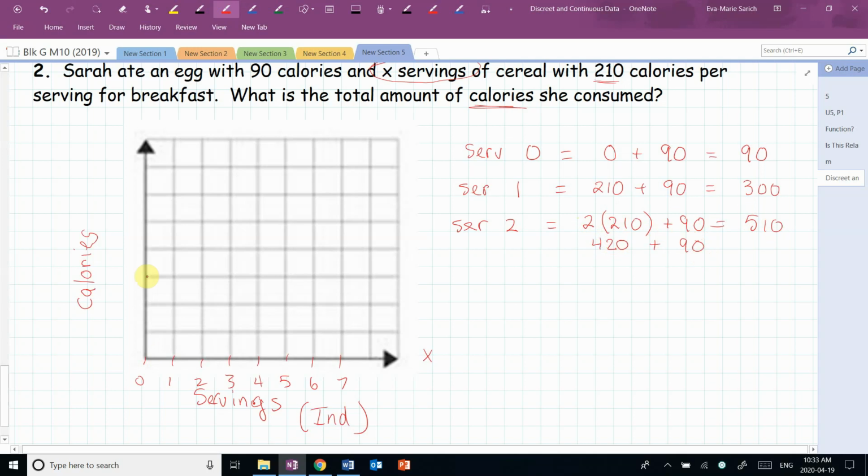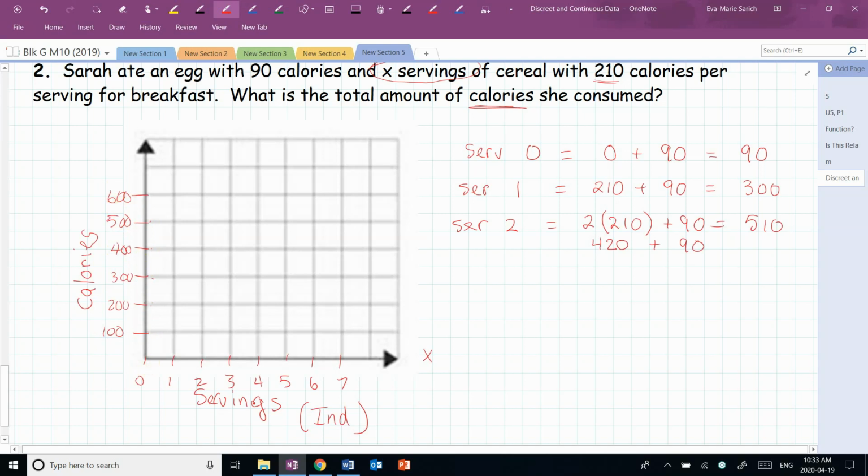We need this scale to go from 90 to 510. So let's think about this. If this went 0 and then 1, 2, 3, 4, 500, that would look about right. So we get up to 6. So this would be 100, 200, 300, 400, 500, 600.